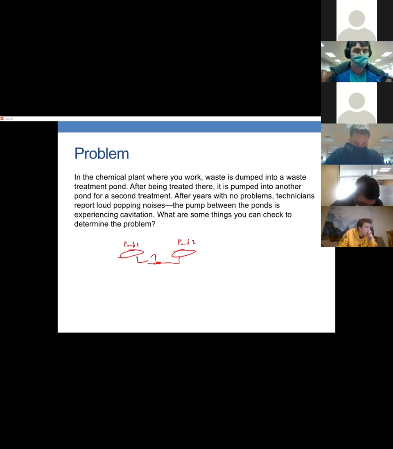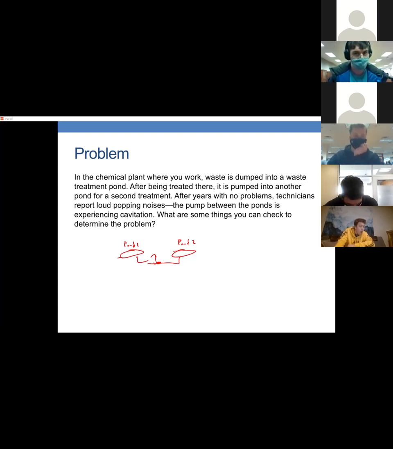So the mechanical energy is what was going into the pump, and that's what's available, because the higher the mechanical energy going into the pump, the less likely cavitation is. Whereas required is the one that comes from just experimentally measuring on the pump.